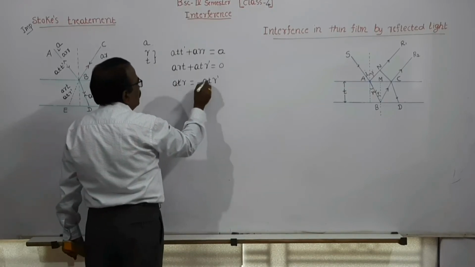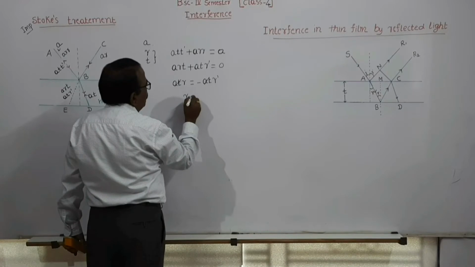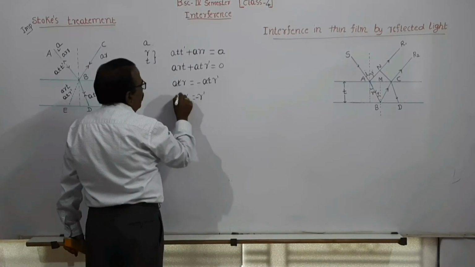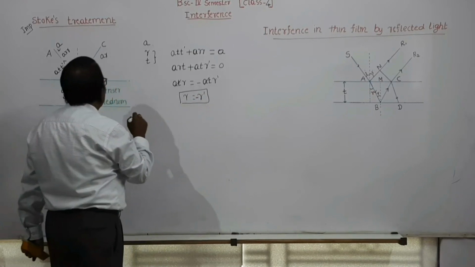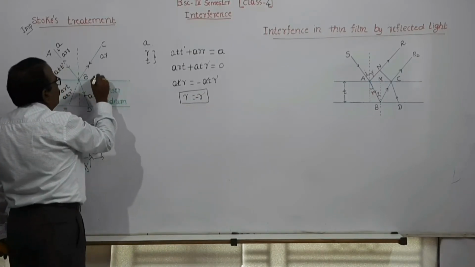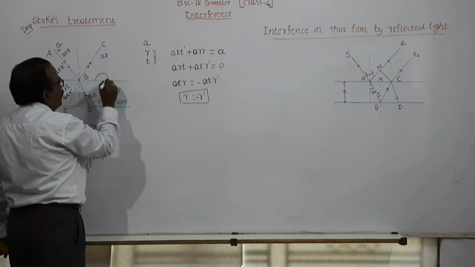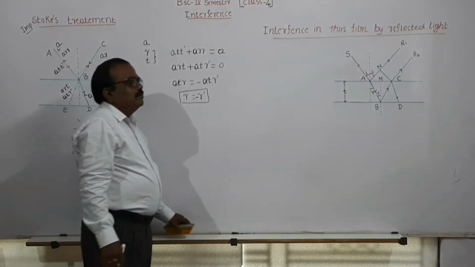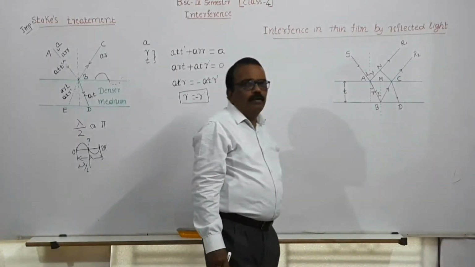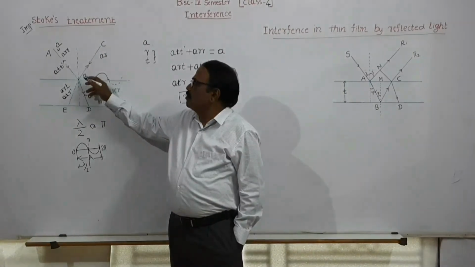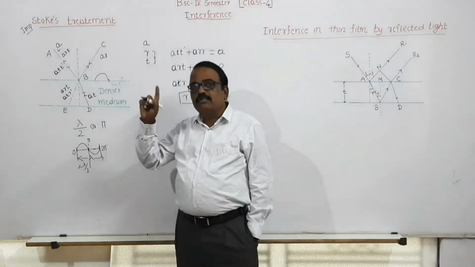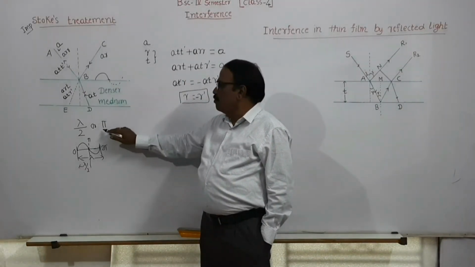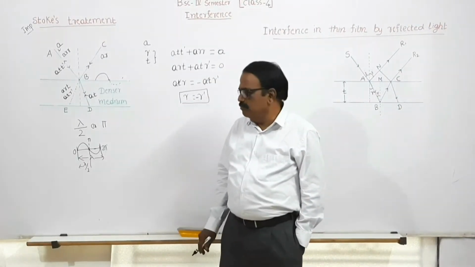And this AT gets cancelled. R is equal to minus R dash. R is equal to minus R dash means the wave has reversed its direction. So thus, according to Stokes treatment, the wave on reflection gets accelerated by a distance equal to lambda by 2, or by a phase equal to pi.